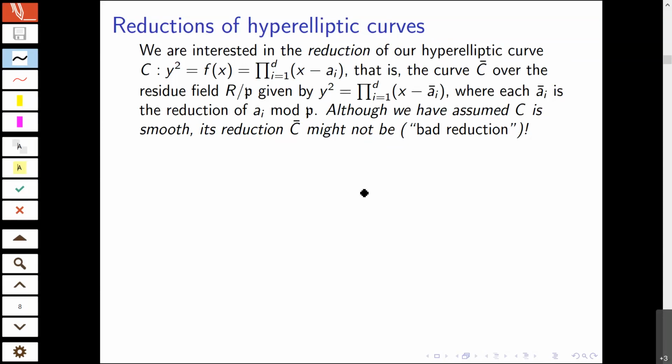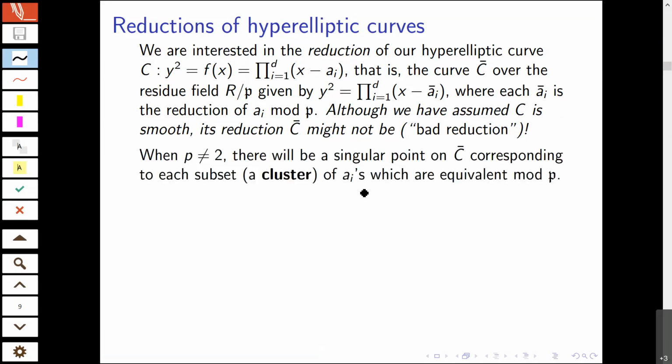And some of those reductions might be the same. You get multiple roots. If the residue characteristic is not 2, then you know you're in trouble, and you have singular points on the reduction. So the reduced curve might not be smooth, even though the curve was smooth.